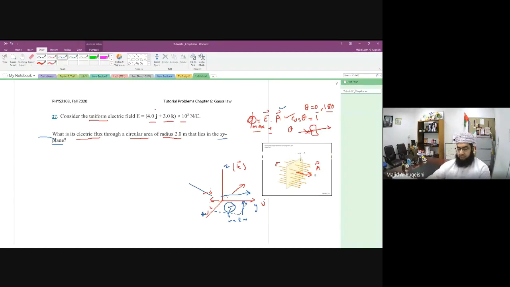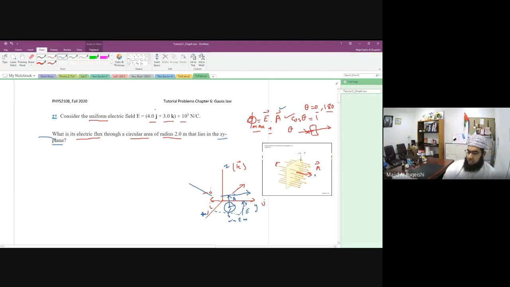If I move it this way, the paper is now pointing in this direction, so the vector will be in this direction. This is why now we are taking the vector to K direction like that. So this is the A vector, and this is the E vector here.